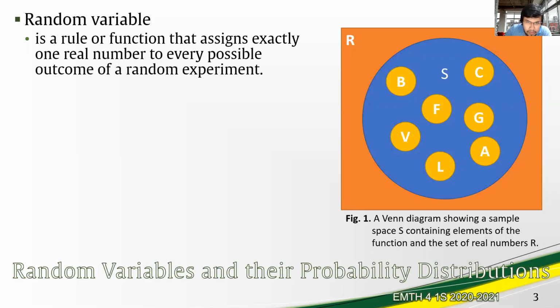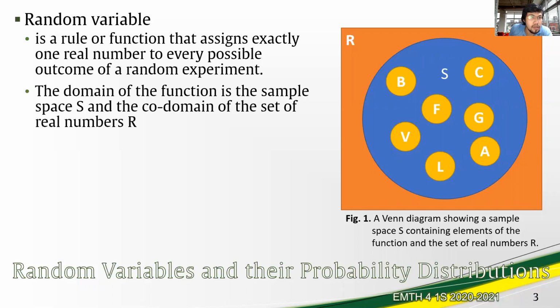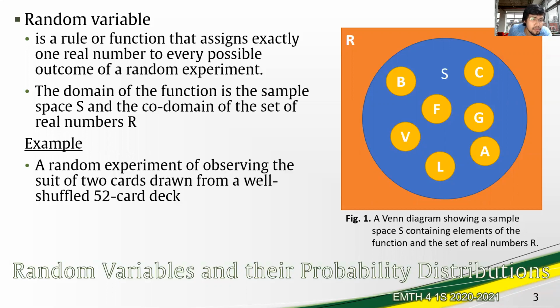And let us illustrate this further with an example, a random experiment observing the suit of 2 cards drawn from a well-shuffled 52-card deck. Again, a 52-card deck has 4 suits, each suit consisting of 13 cards from the ace to the king.